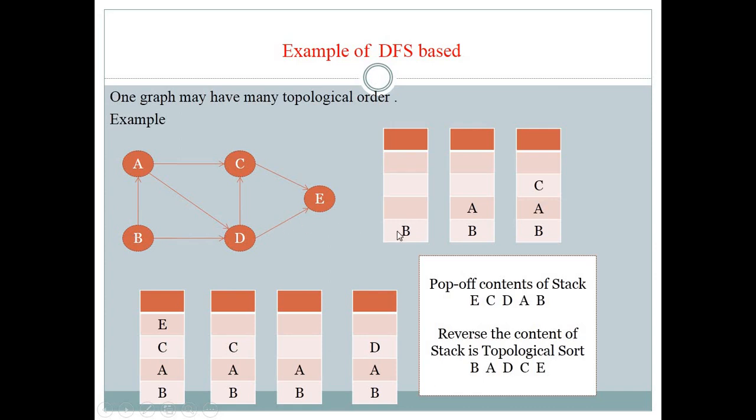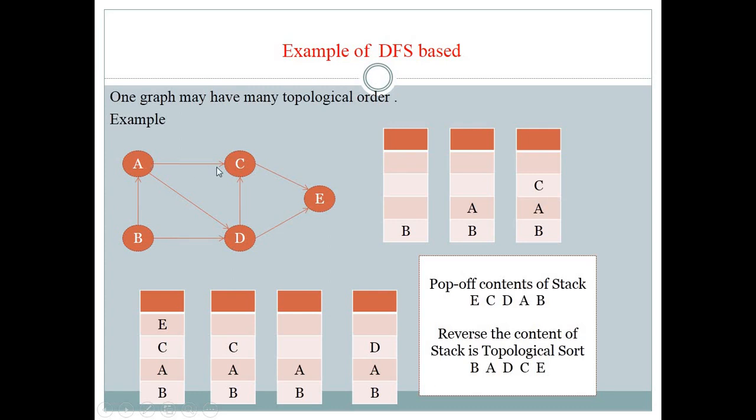With the stack method we are going to follow this DFS based topological sort. As you all know, DFS says to find the adjacent vertices and follow any one unvisited node. From B we have two vertices, A and D. We will select A, so we will put A into our stack. Now from A we have two adjacent vertices, C and D, so we select any one.